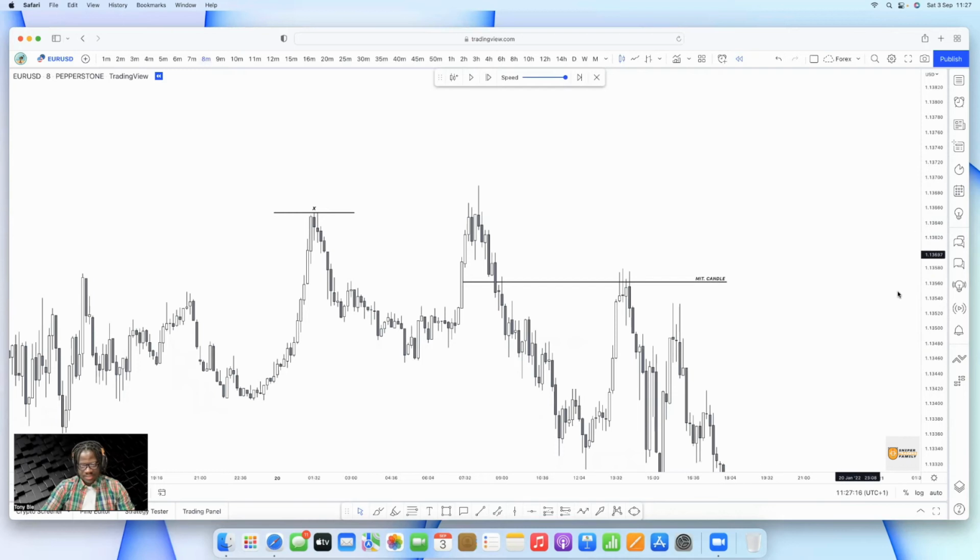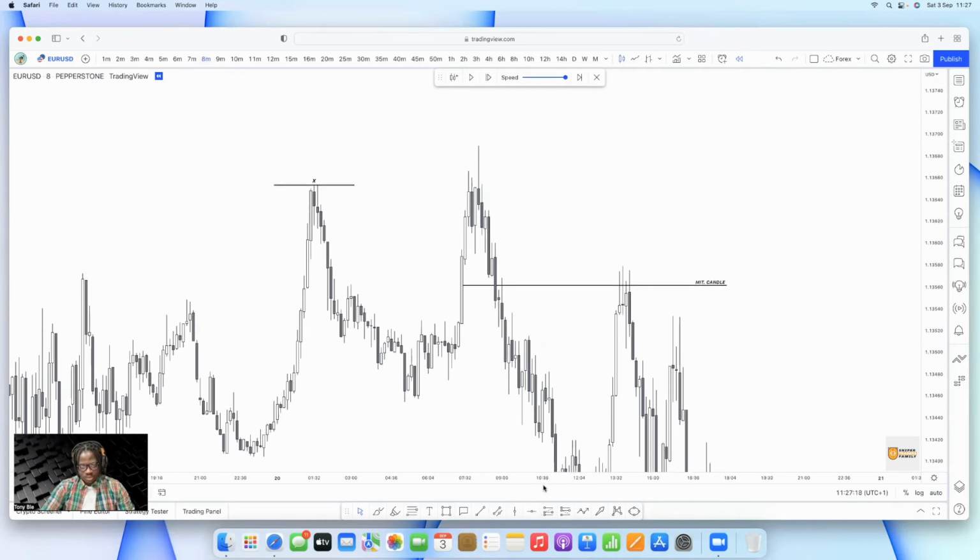Yes, I see it. If you wanted to play the smart money cube, the institutional cube, we had it here, but you wouldn't have seen it because it's on another time frame, 8 minutes. So if you wanted to play the cube, you could have played this cube, and then you stop above the high. Price got there, activated, and then dropped.